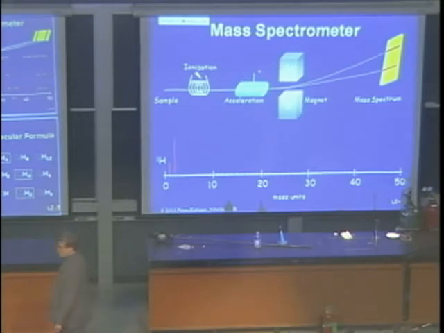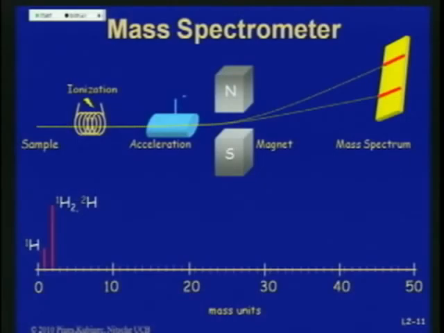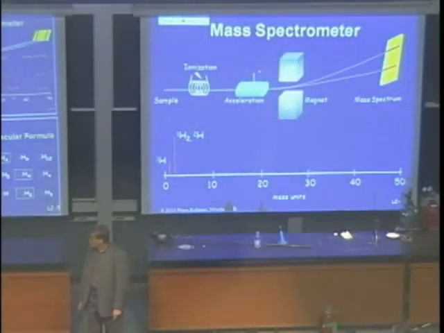Helium? Would that be helium? What is helium? What's the mass of helium? Okay. All right. So it would be either heavy hydrogen, deuterium, or a hydrogen molecule. Yeah? That would be the hydrogen molecule, and this would be deuterium.